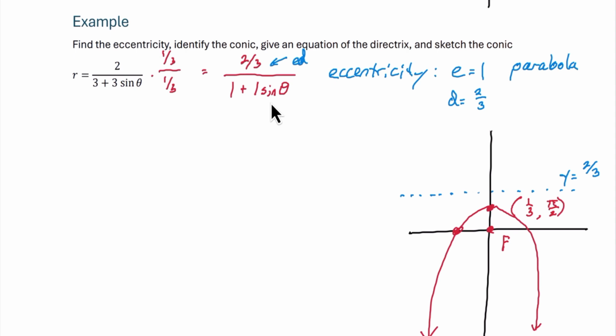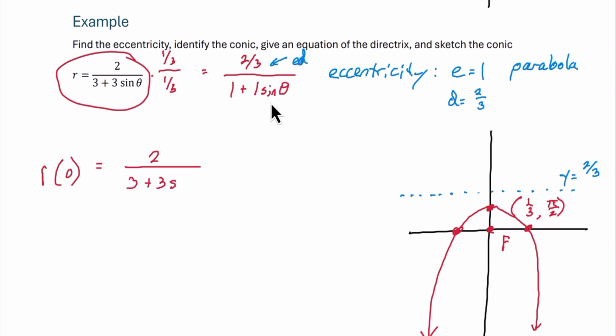Let's now find these 2 points on the polar axis. To do that, we can again refer back to the original equation. Let's see what's happening at 0. That'll be easiest. So when theta is 0, 3 plus 3 sine of 0.